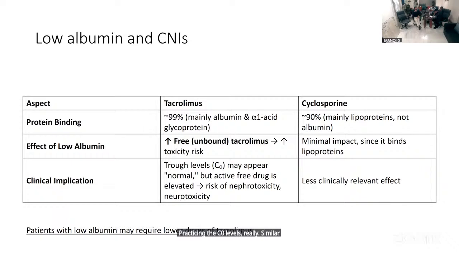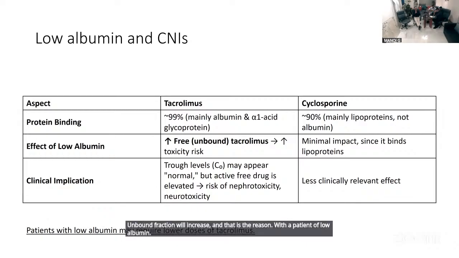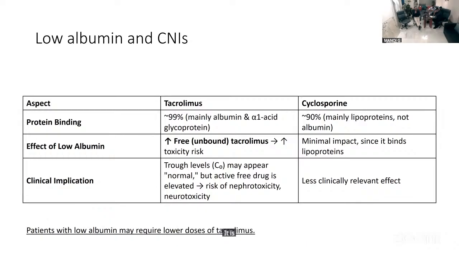It will be within the therapeutic range, but the unbound fraction will increase, and that is the reason a patient with low albumin is exposed to tacrolimus nephrotoxicity and other side effects. Cyclosporin, on the other hand, is not affected by low albumin as compared to tacrolimus.